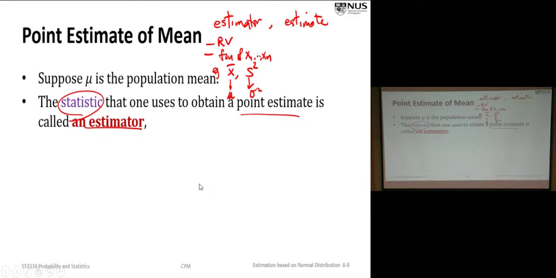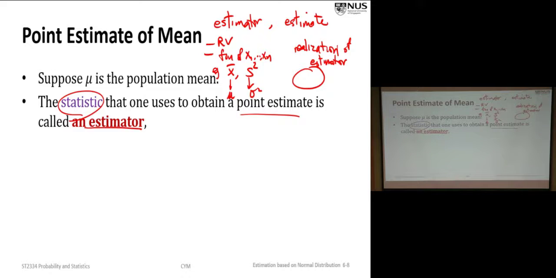Well, estimates are sort of realizations of the estimator. Or let's put it this way. It is when you take the sample and you really look at the value of each sample. So like I say, I toss a coin. The outcome is either head or tail.